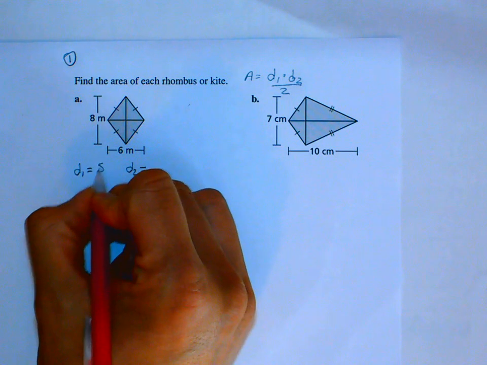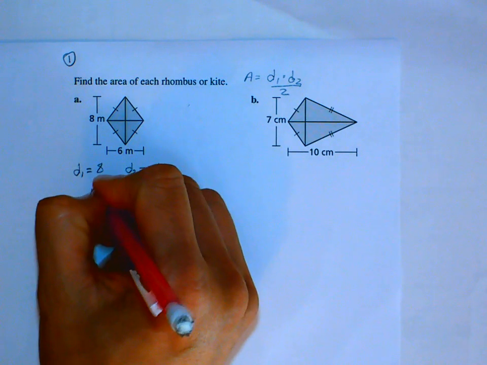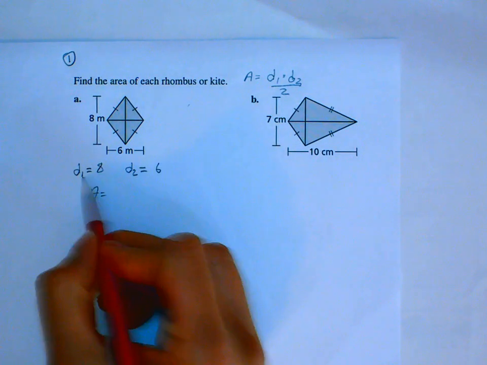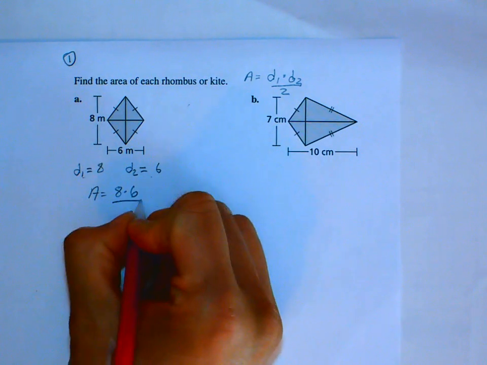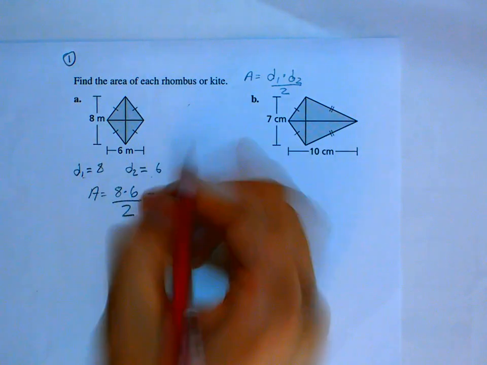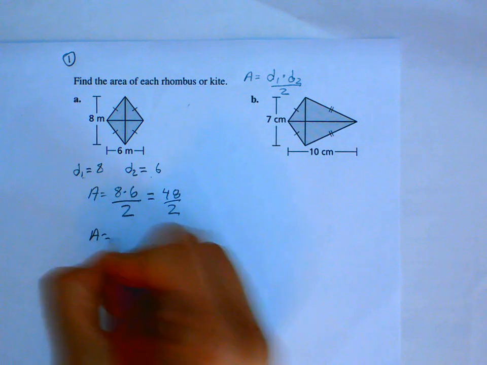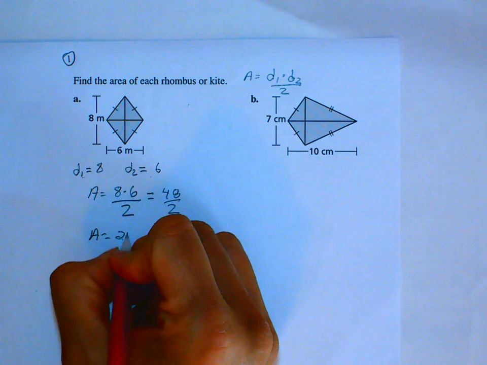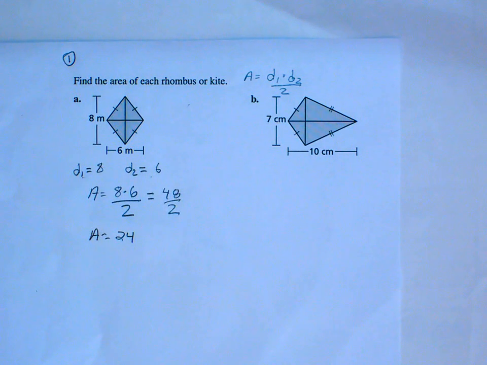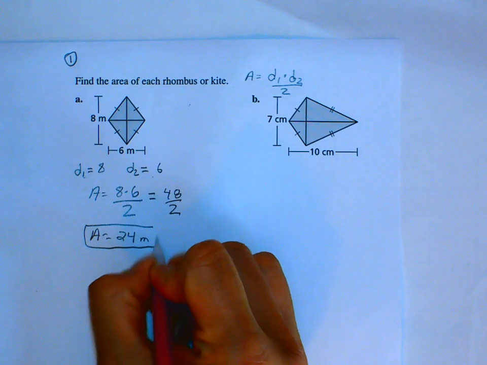So diagonal 1 is 8, diagonal 2 is 6. To find the area, you multiply the diagonals, 8 times 6, and then divide by 2. So that's going to be 48 divided by 2. So the area of this rhombus is going to be 24 meters. Super simple.